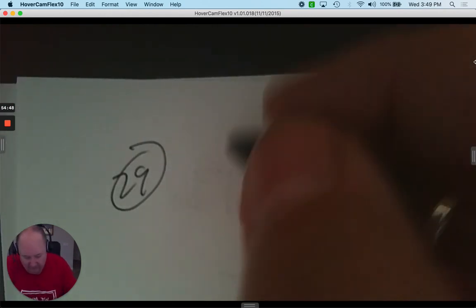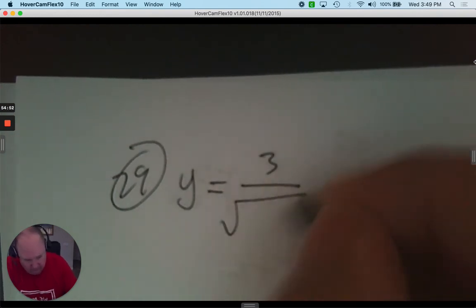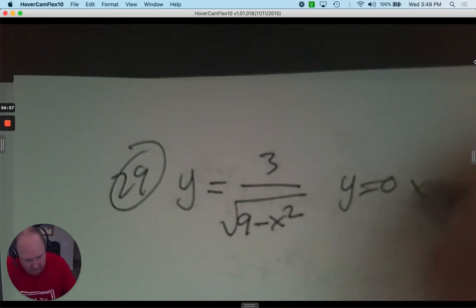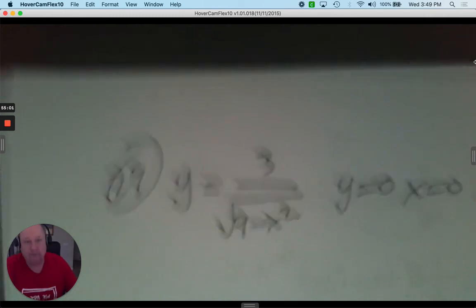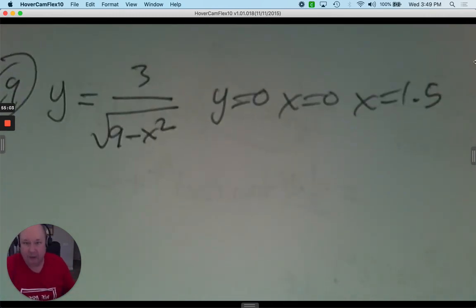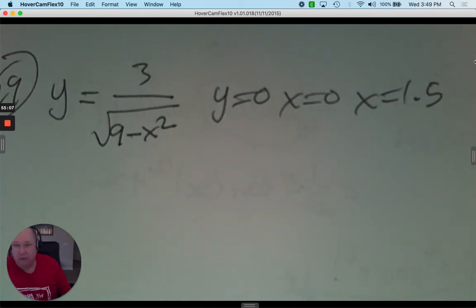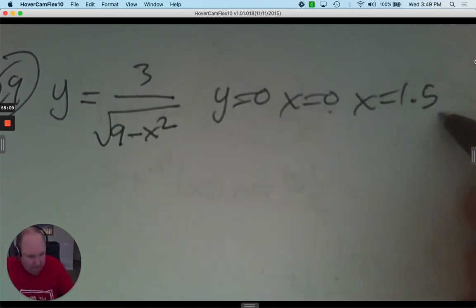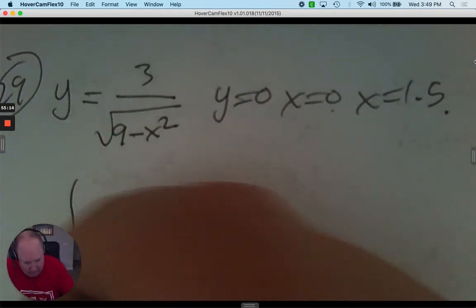Find the area of the region bounded by y equals 3 over the square root of 9 subtract x squared. Okay, so if I graph 3 over the square root of 9 minus x squared from 0 to 1.5, so I know it's integration.